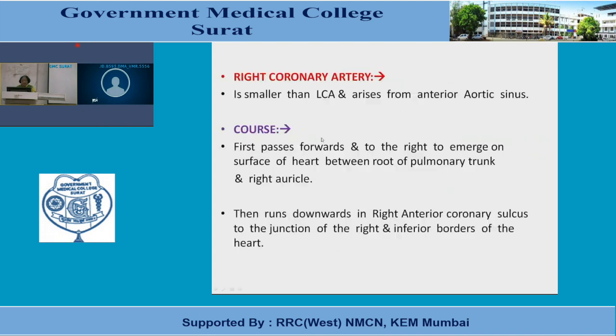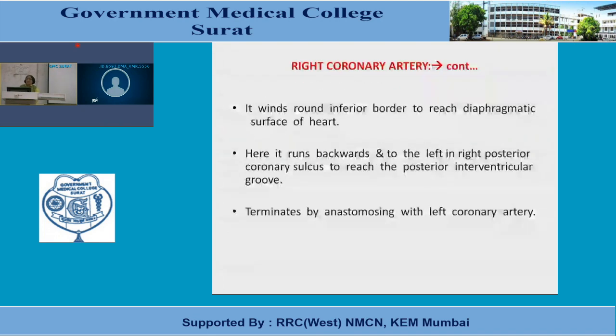Here is the coronary sulcus, in which the 2 atria are separated from the 2 ventricles. It reaches the posterior interventricular groove and terminates by anastomosing with the left coronary artery.